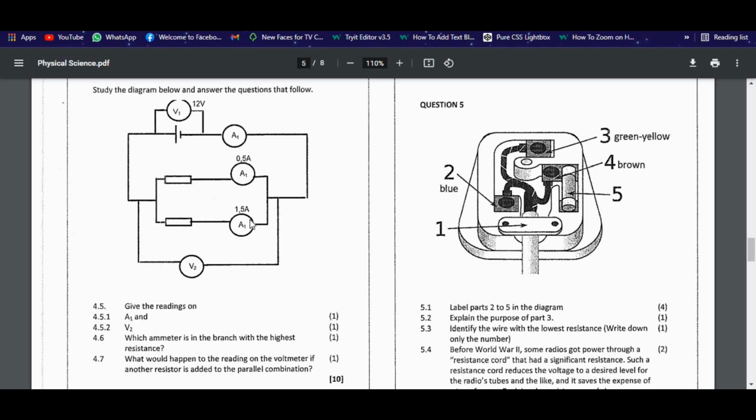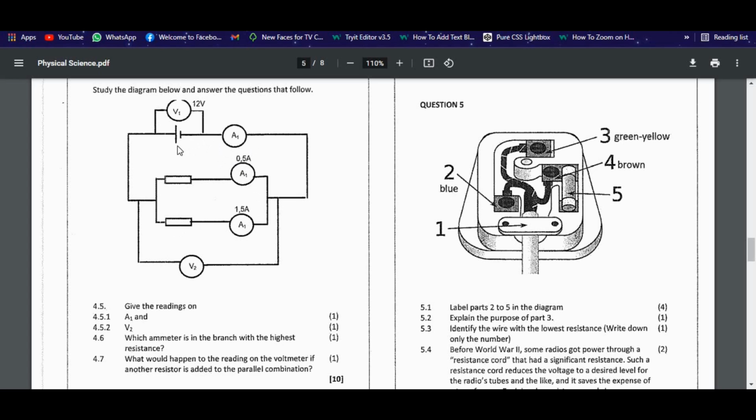Now, what do we know about a parallel circuit when it comes to current? Current splits in a parallel circuit. At the moment, we can see that there's a current value of 0.5 amps going through here and 1.5 amps here.